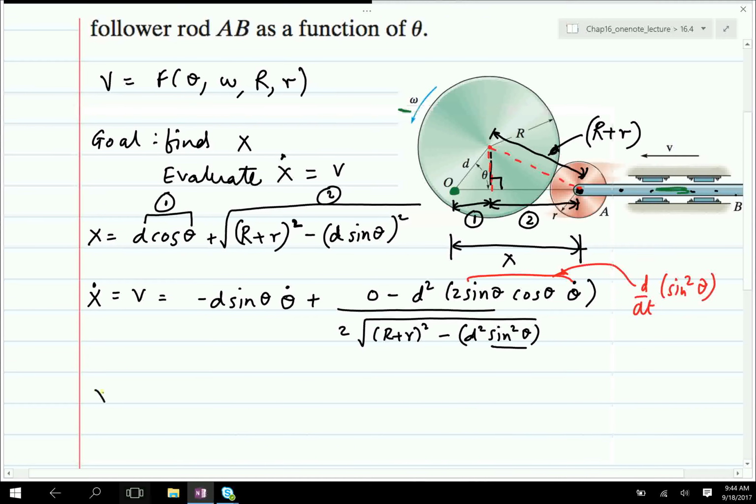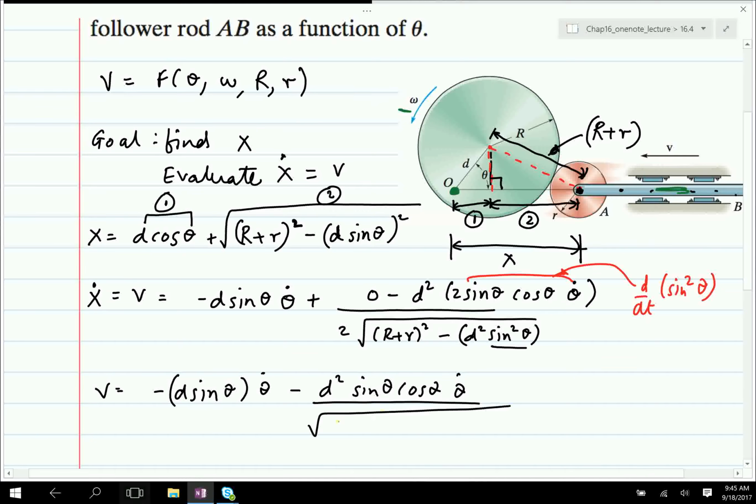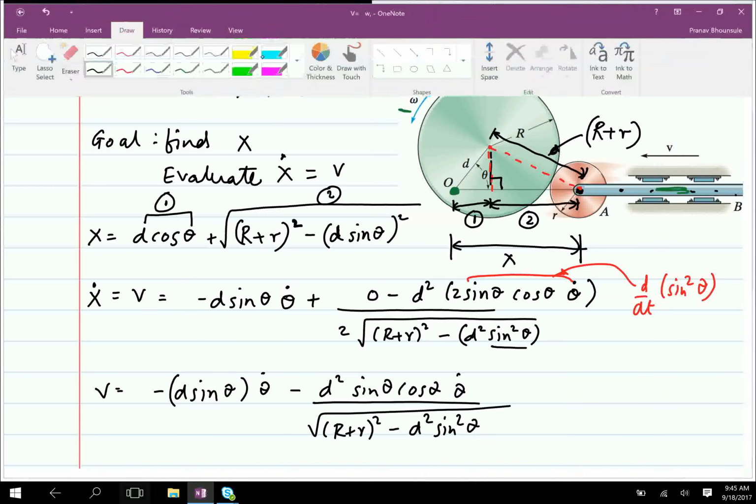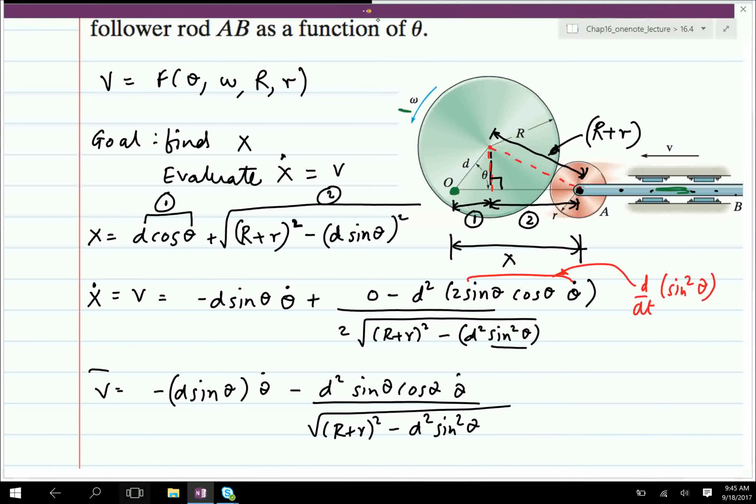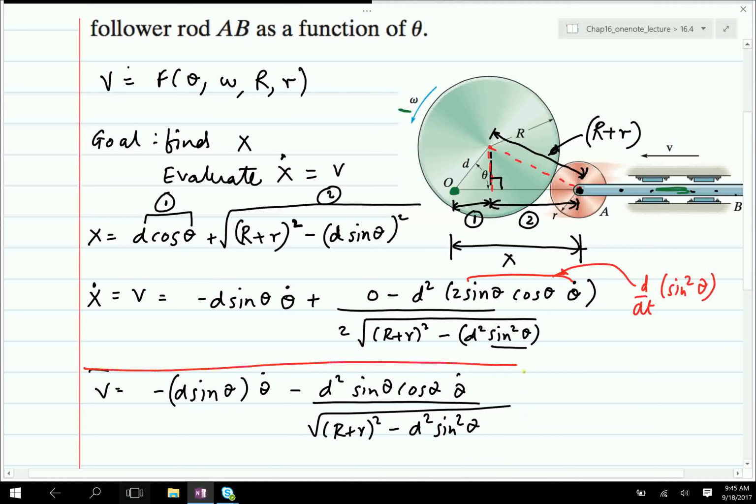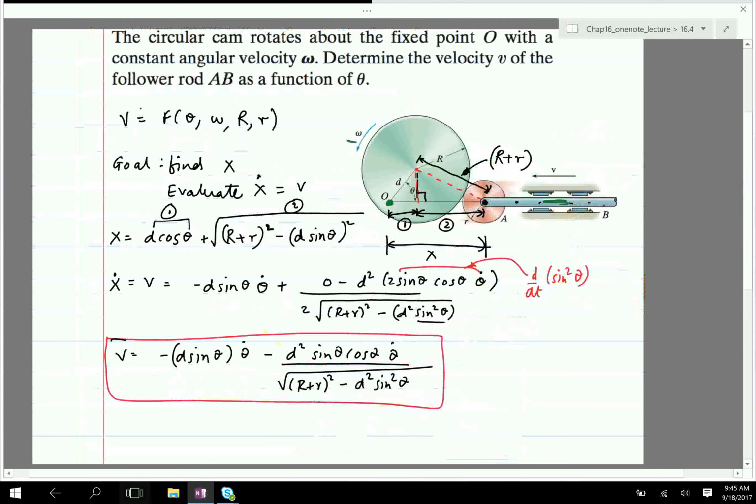So x dot is v, or v is minus d sine theta times theta dot minus d square sine theta cosine theta theta dot divided by... okay, is that clear? Yeah.